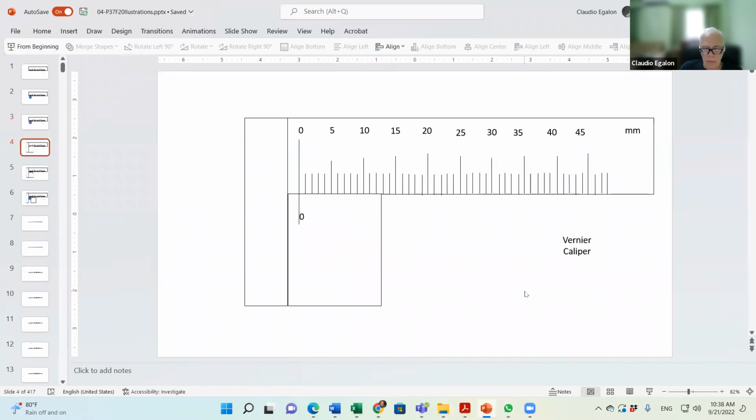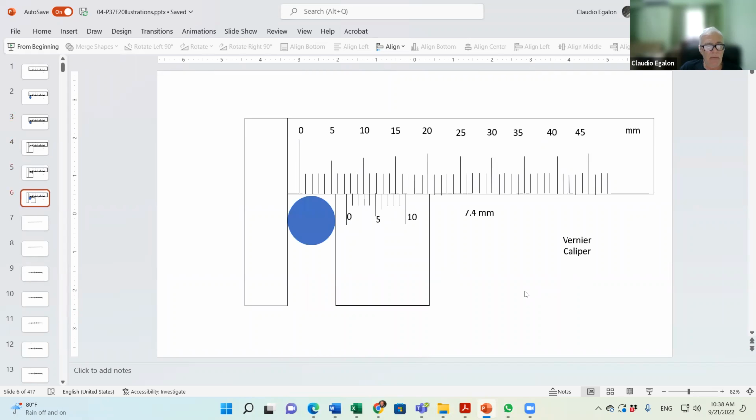If you want to measure the diameter of a sphere, for instance, all you have to do is open this jaw and fit the sphere inside it. Makes sense? People invented this type of device.